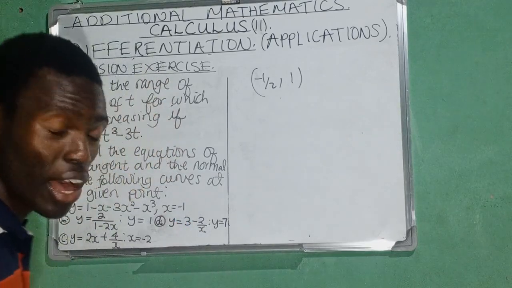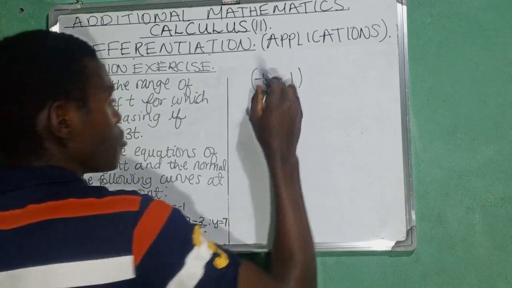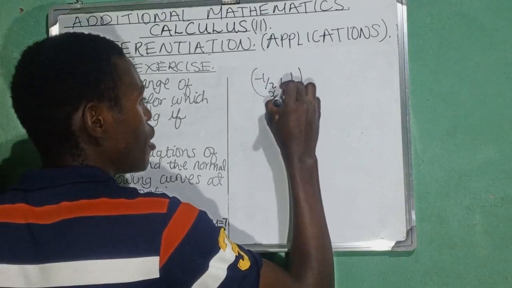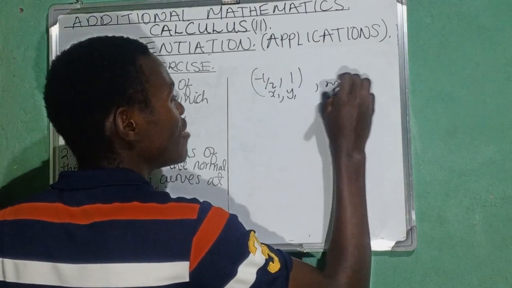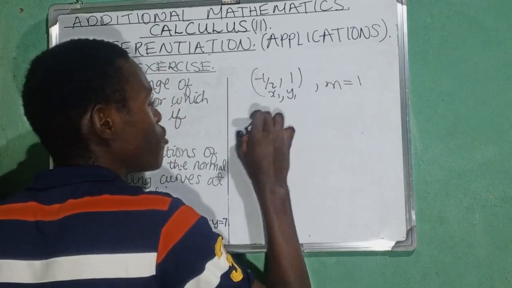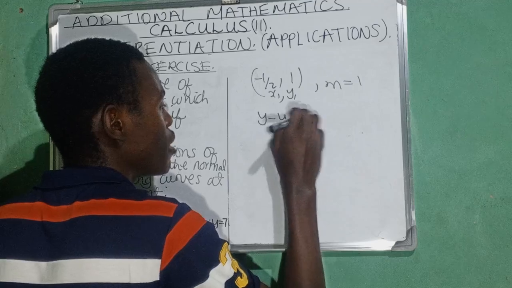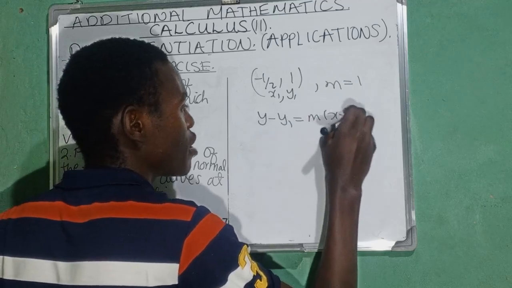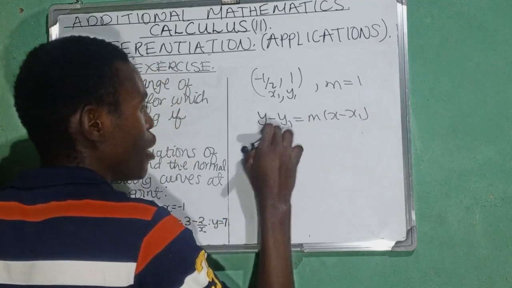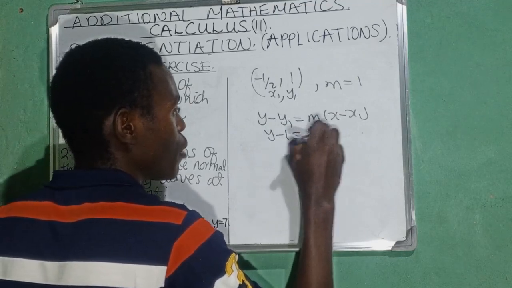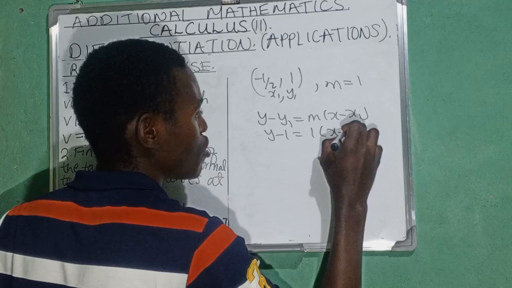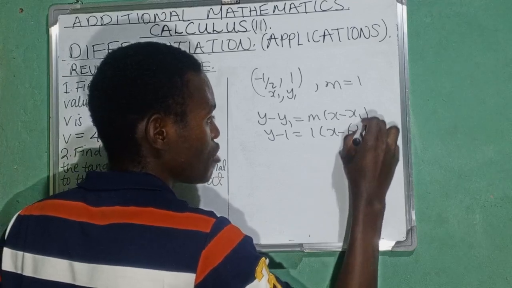After finding your m as 1, you are going to name this as your x1, comma, y1. And then your m is equal to 1. Then y minus y1 is equal to m multiplied by x minus x1. So y minus 1 is equal to 1 multiplied by x minus x1, which is negative half. You put negative half in brackets.